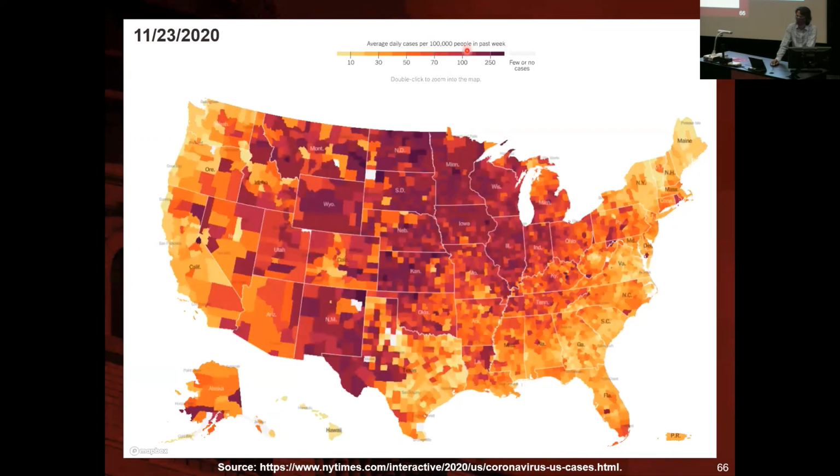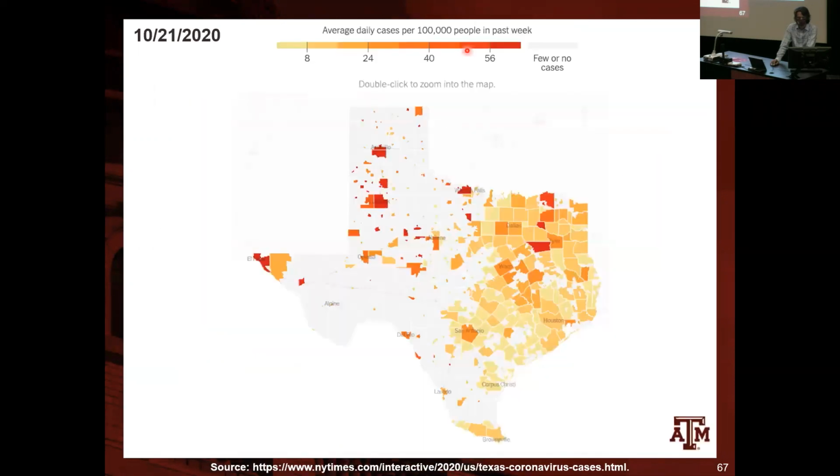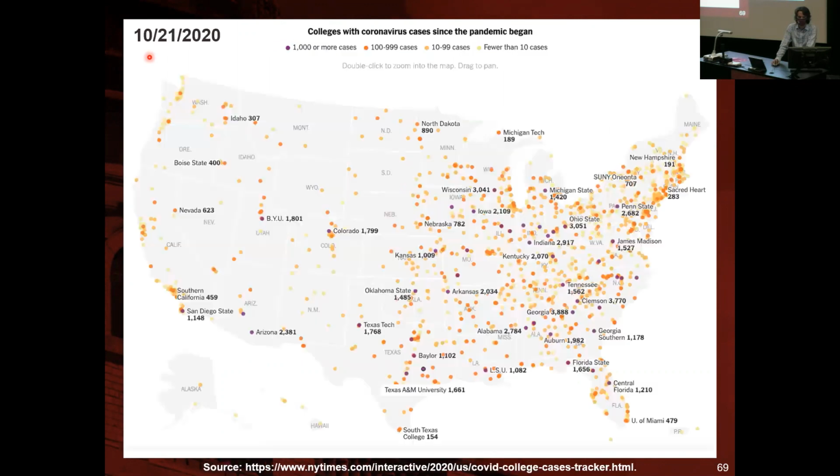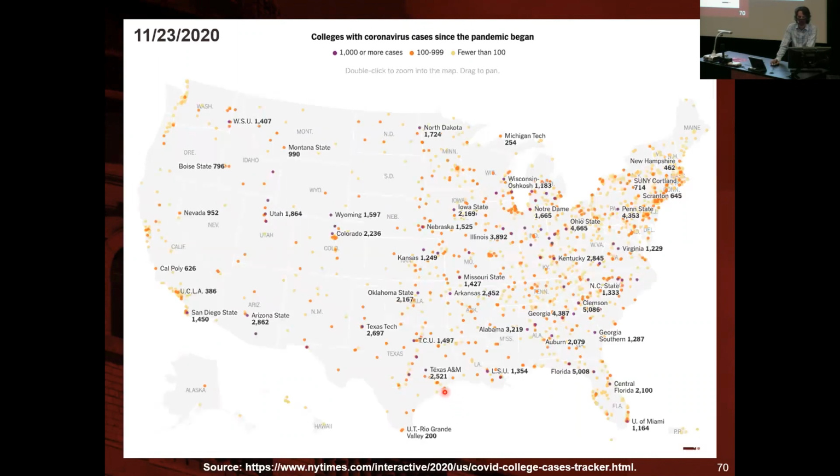October, now. This is the case of Texas that I showed you back in October, now. This is the case for college campuses back in October, Texas A&M 1661, now 2521. Losing to Texas Tech, really high.